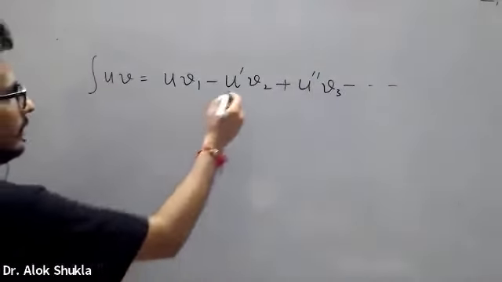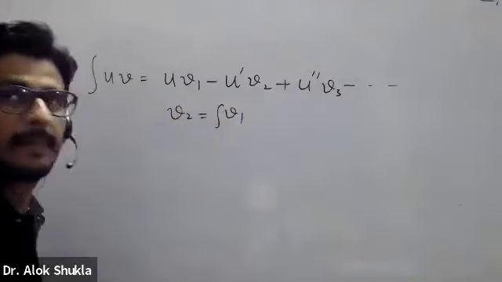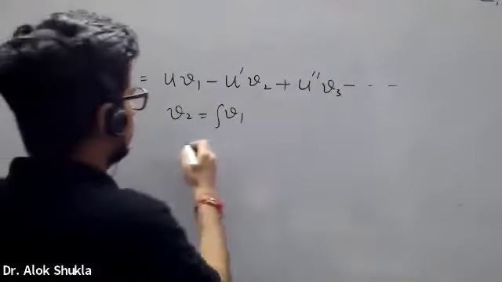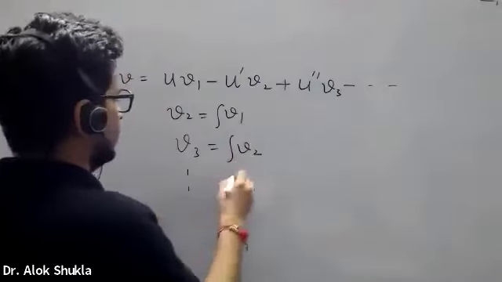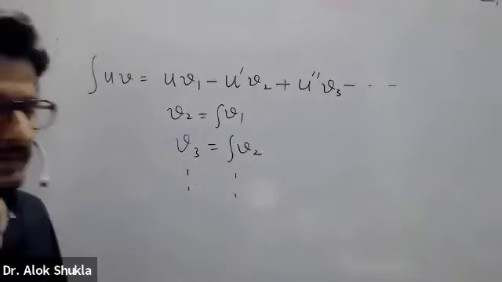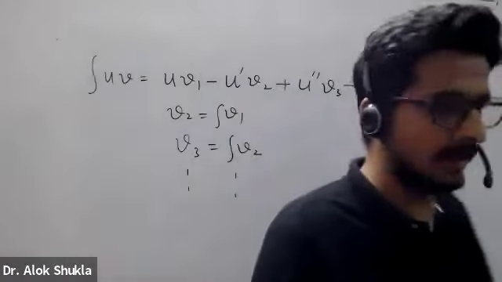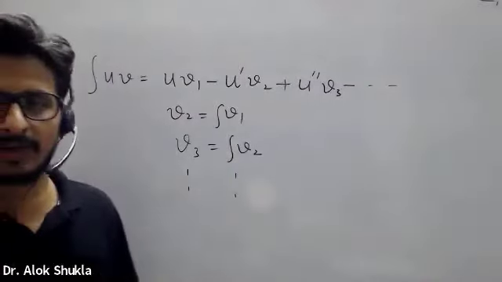And what is the meaning of V2? V2 is actually integration of V1. What is V3? It is integration of V2, like that. And derivatives you understand. Please note this down. This makes your calculation very, very quick. And don't go on doing first and second, otherwise you will open the brackets three times and it will go wrong.